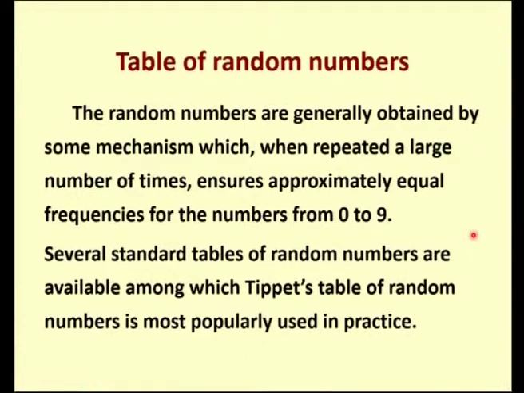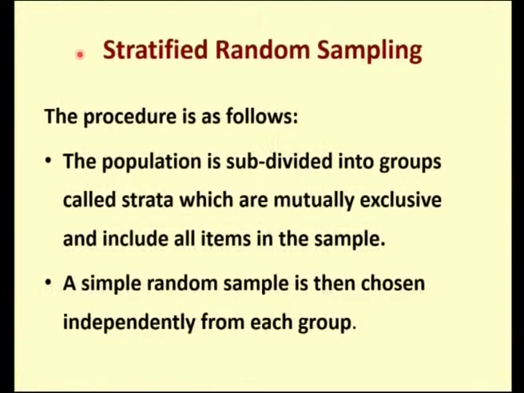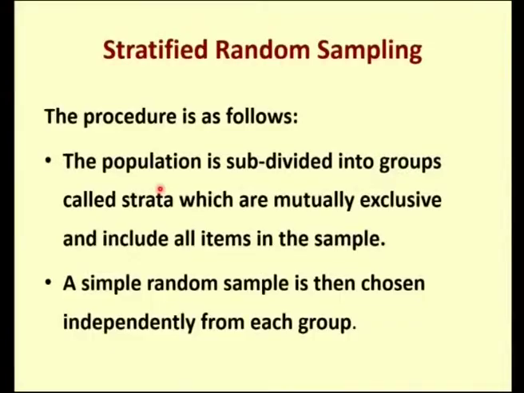The next type of sampling is stratified random sampling. This is better than the first method, simple random sampling; it is definitely a more efficient method. The procedure goes like this: the population is subdivided into groups called strata, which are mutually exclusive and include all items in the sample.